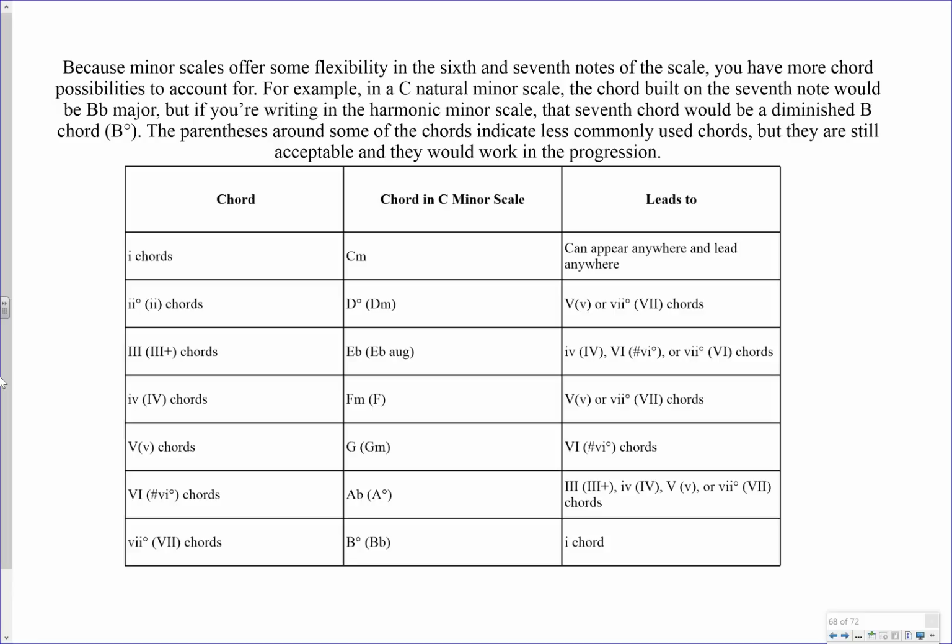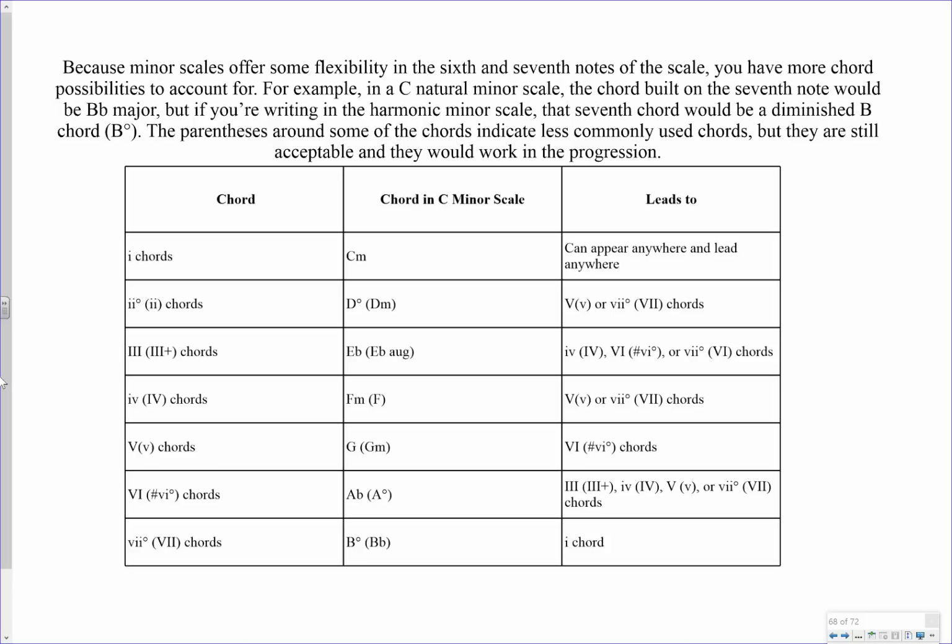So the parentheses around some of the chords in this chart indicate less commonly used chords, but they are still acceptable and they would work in the harmonic progression. So your minor 1 chord, again, just like major, can appear anywhere and lead anywhere.